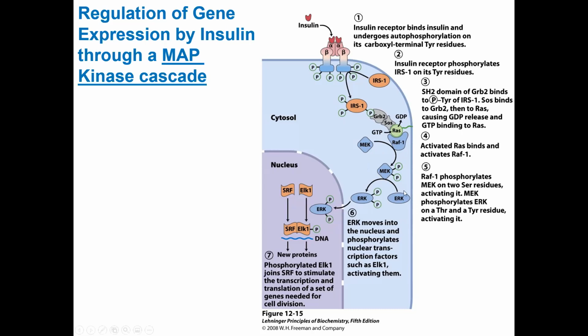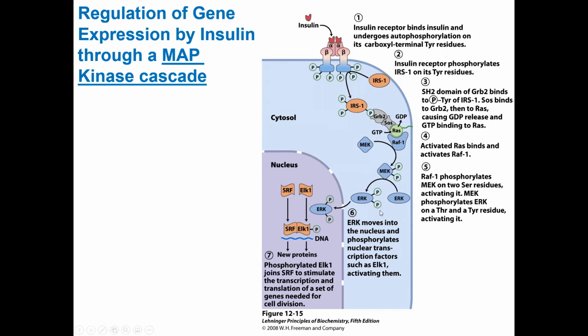And it turns out that MEK is a dual specificity kinase, which means it is able to phosphorylate either a serine or threonine residue, or it can also phosphorylate a tyrosine residue. And so that's what MEK does. It will go and phosphorylate ERK on a threonine residue and a tyrosine residue.